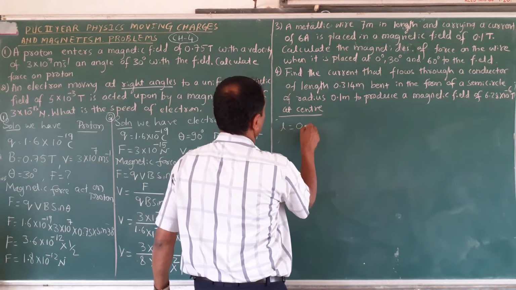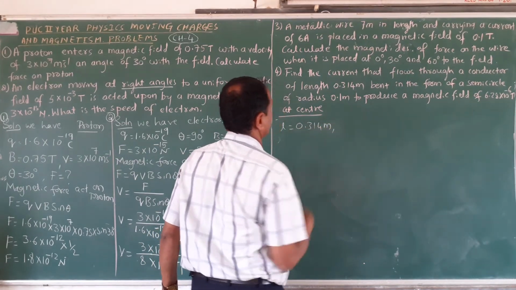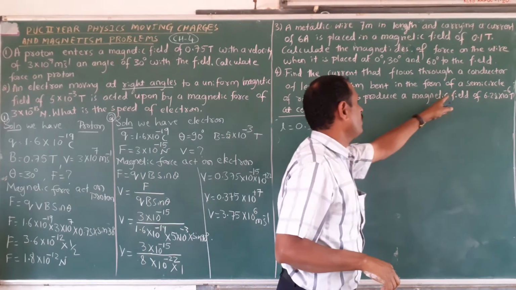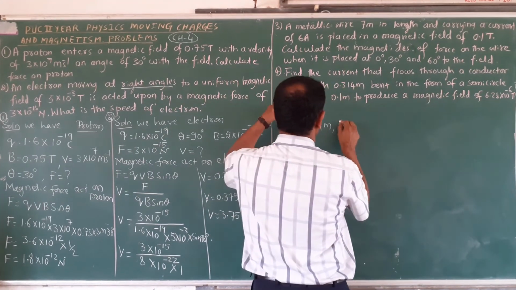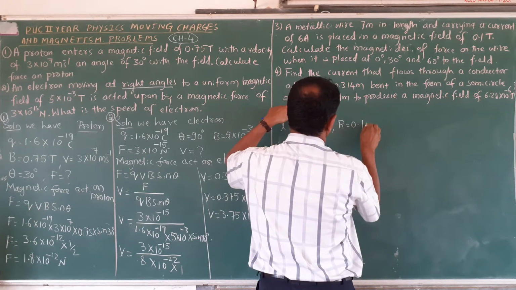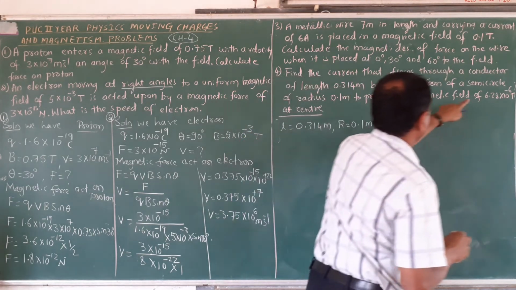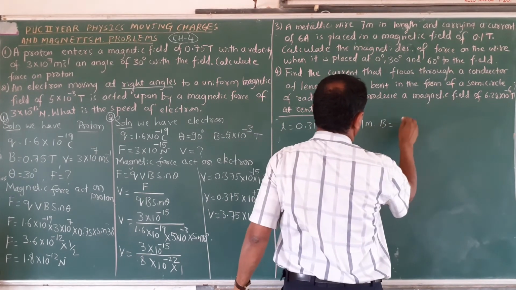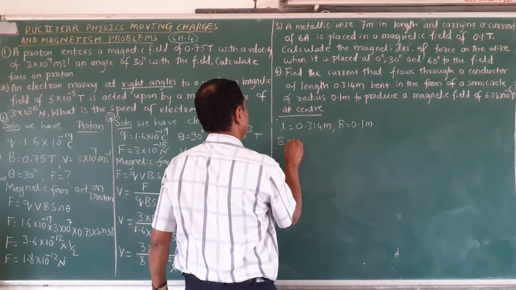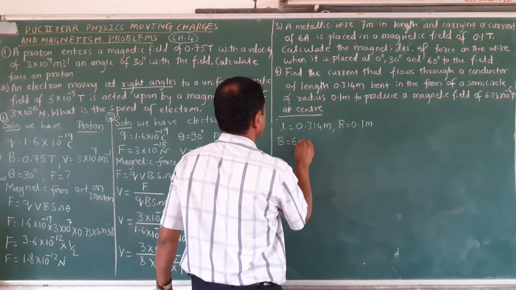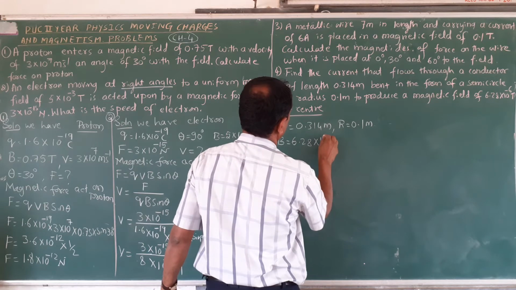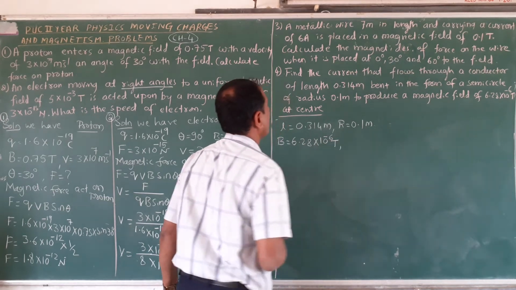L is 0.314 meter. It is in the form of a semicircle of radius 0.1 meter, and produces a magnetic field of 6.28 into 10 to the power of minus 6 Tesla.